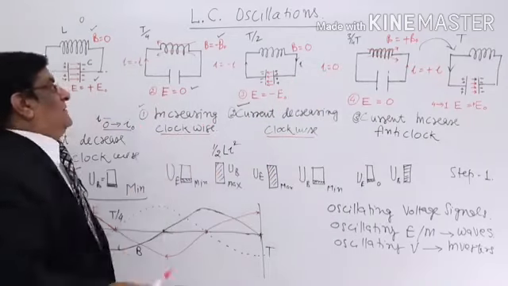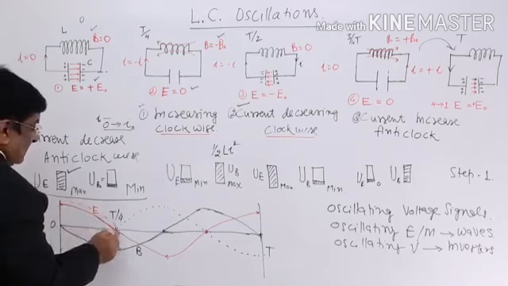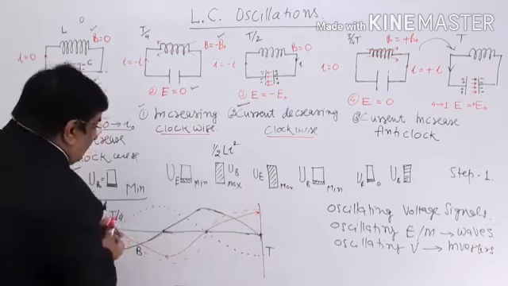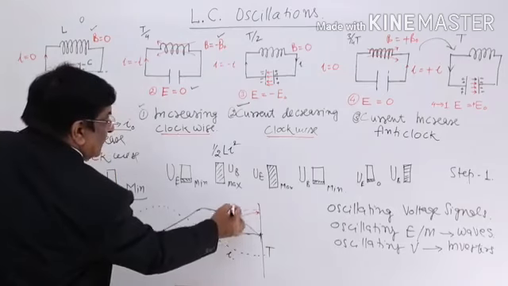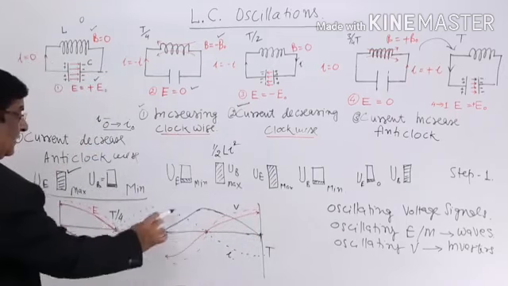It keeps on oscillating. So here is V. So this is the I graph, this is the V graph, this is the E graph, this is the B graph.